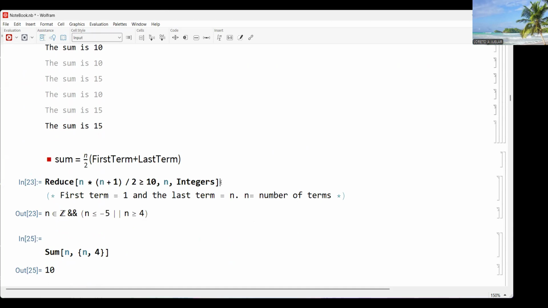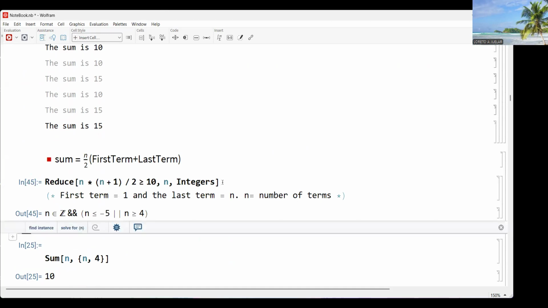So we can also solve that using the formula. For example, we have the formula n over 2 times the first term plus the last term, which is equal to the sum of the integers from 1, or from any integer to any greater integer.